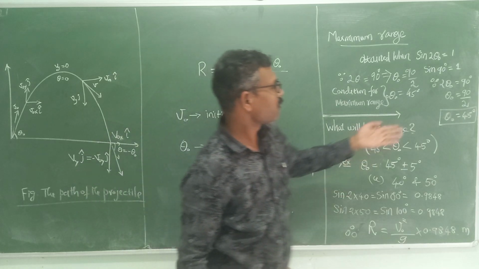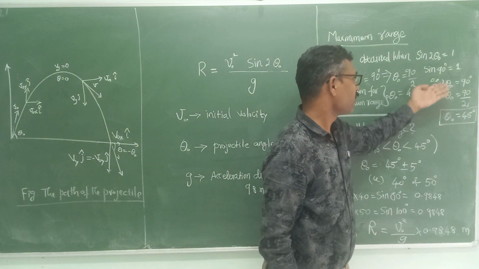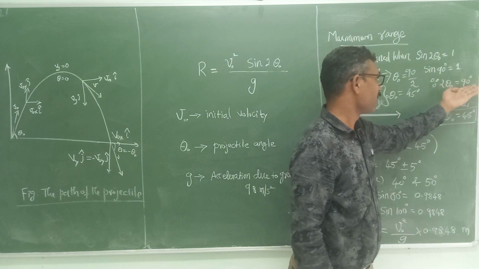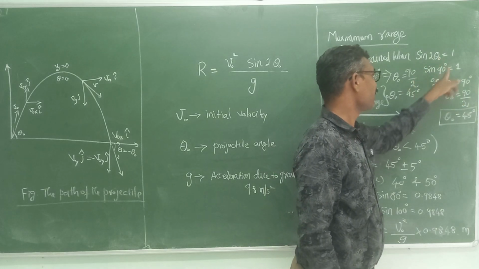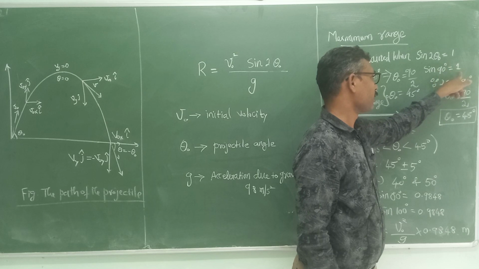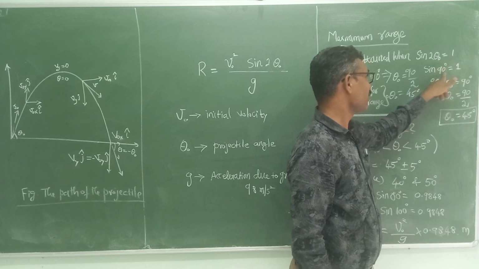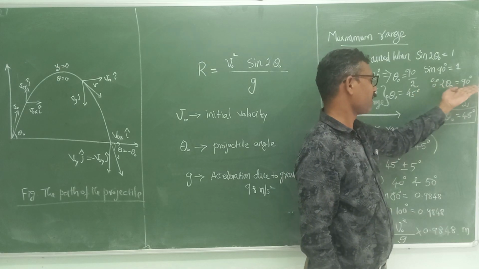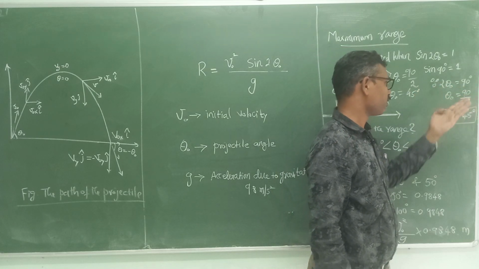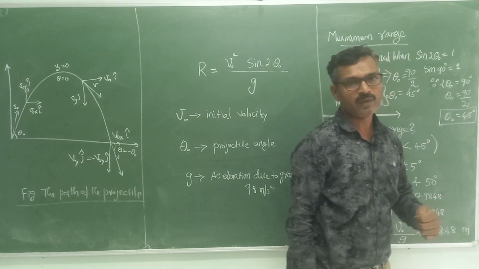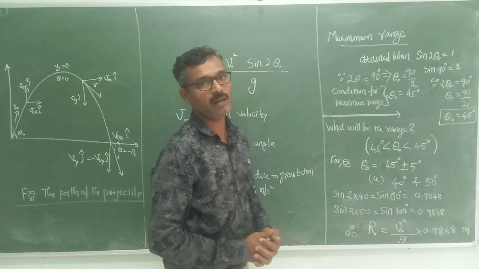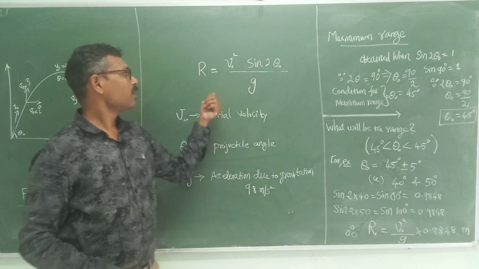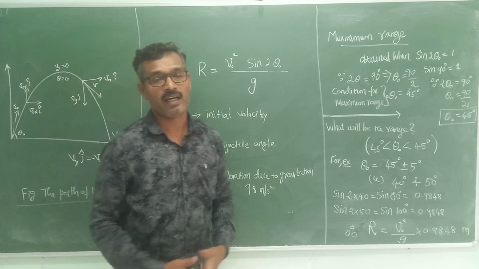So under what condition does it become 1? 2 theta equals 90 degree, because sine of 90 degree is 1. So 2 theta naught becomes 90, so theta naught equals 90 divided by 2, theta naught equals 45 degree. At an angle of 45 degree, this equation attains the maximum range.